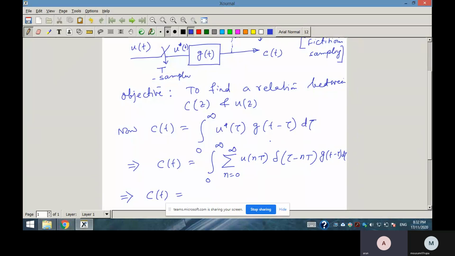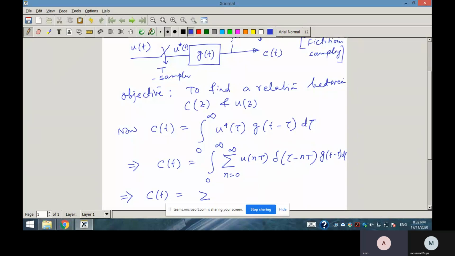Now when you evaluate this expression, it will hold only when the delta function is not equal to 0, that is, at tau equal to nT. Then what is the value of this integration?